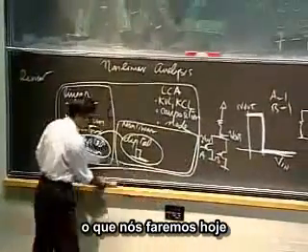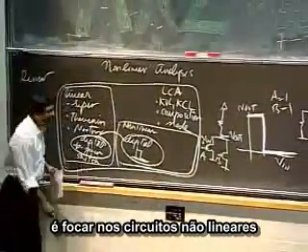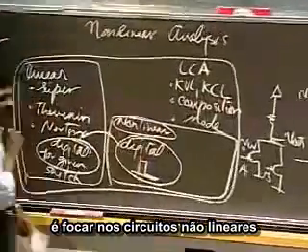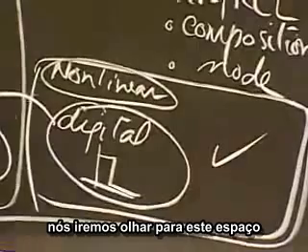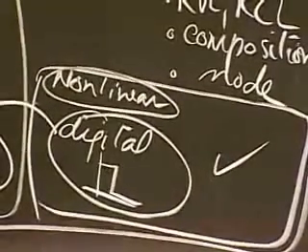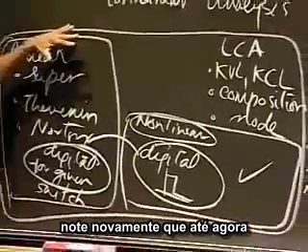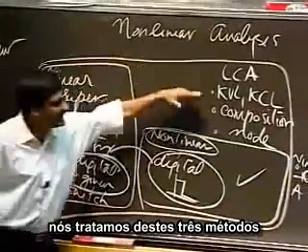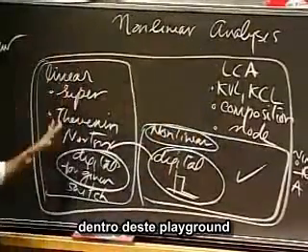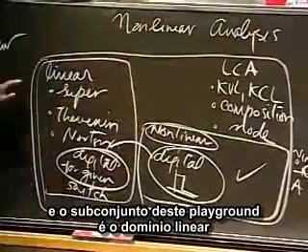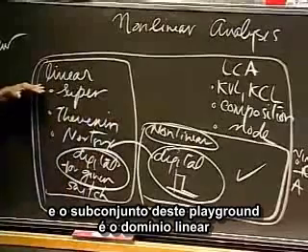What we'll do today is focus on nonlinear circuits. Okay? So we'll look at this space. Notice again that up to now we dealt with these 3 methods, which apply to all circuits within this playground, the lumped circuit playground, and the subset of that is the linear domain.